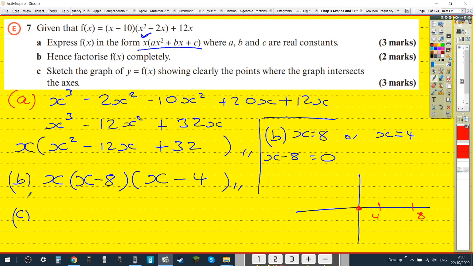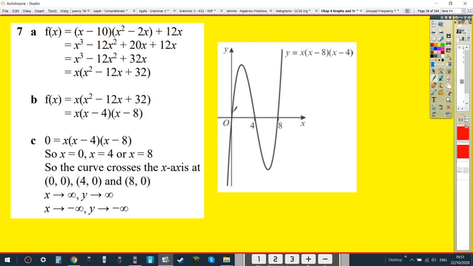And the cube is not a minus, so it'd be going from the bottom left. Up through 4, down through 0, and then up through 8. So roughly like that. And there it is.